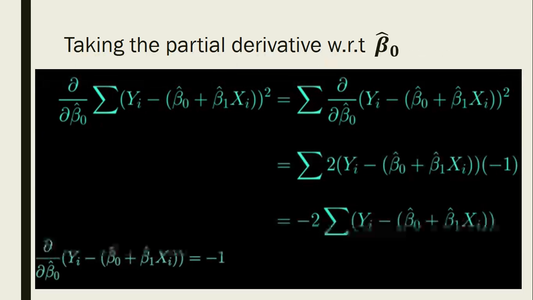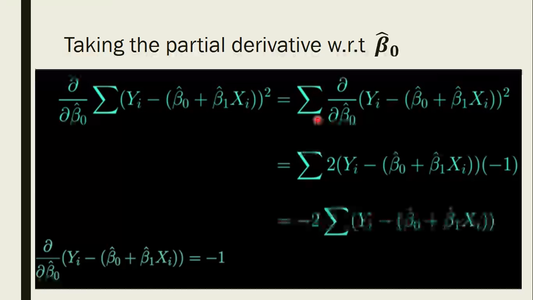Taking the partial derivative with respect to beta naught hat. First, note that the derivative of a sum is the sum of the derivatives, so we can take the derivative inside the summation.